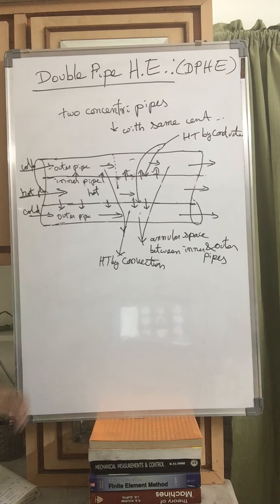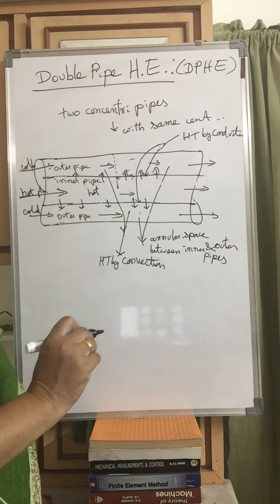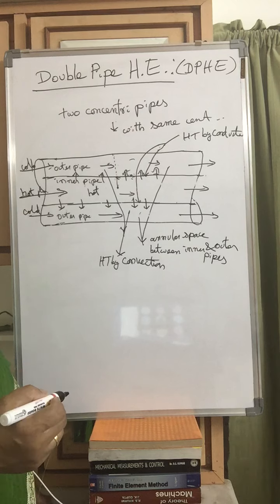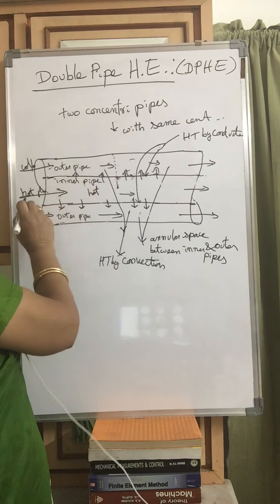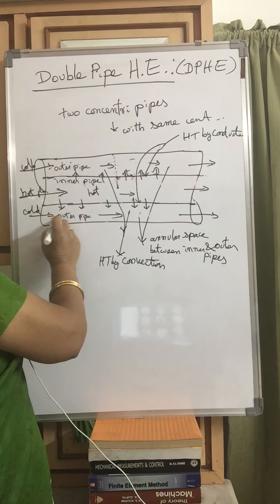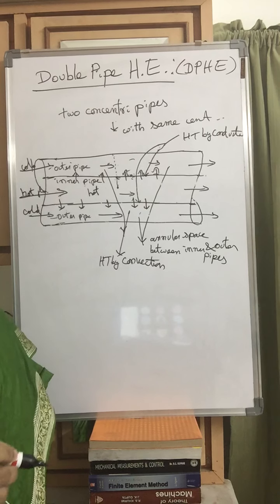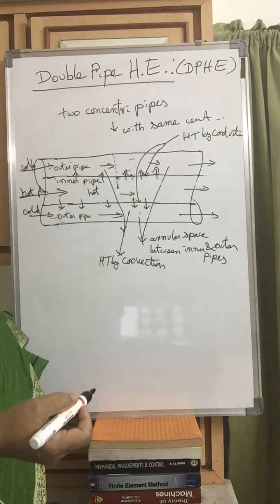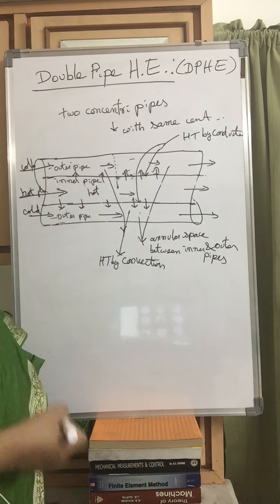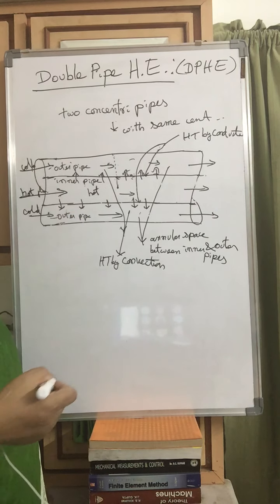Okay? Like this, the double pipe heat exchanger. Brief construction only here. Then how it works: we are sending hot fluid and also cold fluid. And then we will see how to utilize this double pipe heat exchanger, in how many ways we can bring contact between hot fluid and cold fluid.